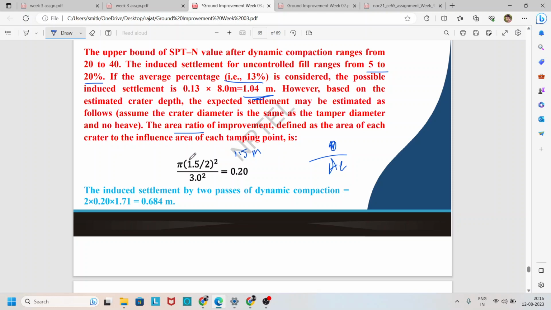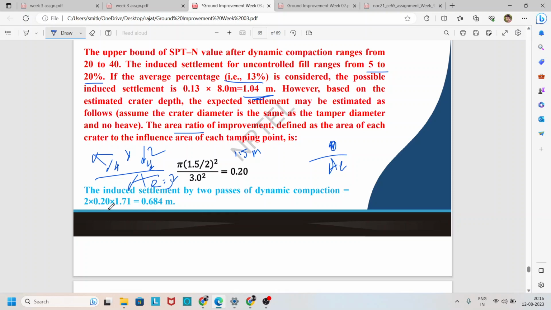Then the area ratio is pi by 4 d square, or we can say dc square, that is the diameter of the crater, divided by the equivalent influence area A, which is equal to S square, that is spacing square. After that we find out the area ratio.